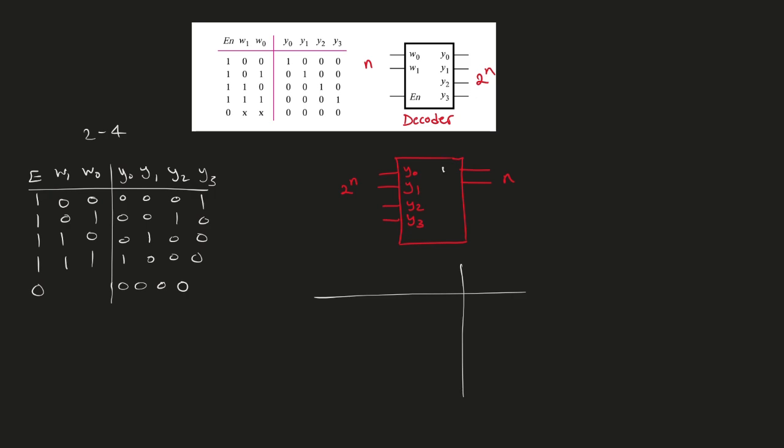Hold on, I'm going to call this W0 and W1. So it can be 0 0 0 1, 0 0 1 0, 0 1 0 0, and 1 0 0 0.